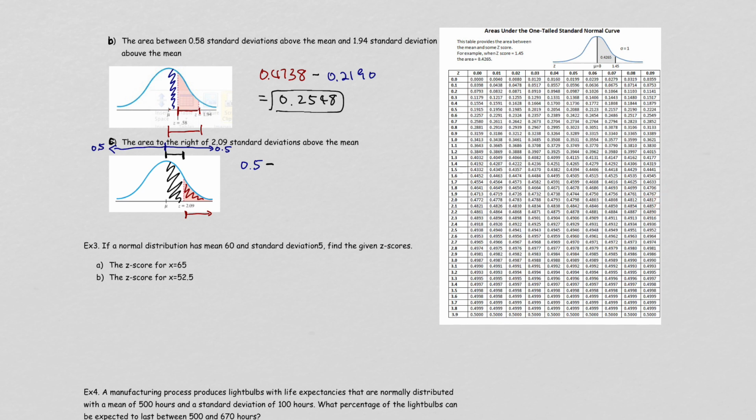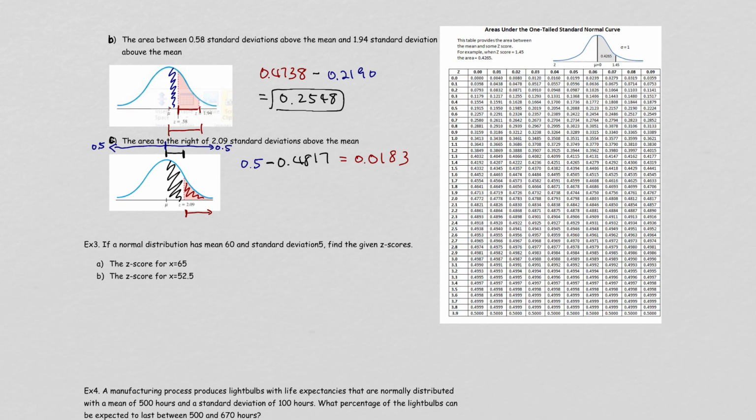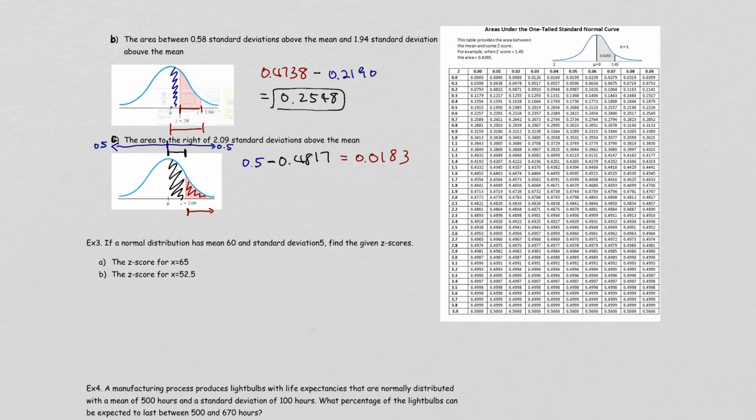So you're going to subtract that, 0.4817. This is going to give you the red area, which is 0.0183. And in the class notes, you will see from the full graph how I'm figuring out those little areas. Again, from the half, subtract this area, right, to find this.